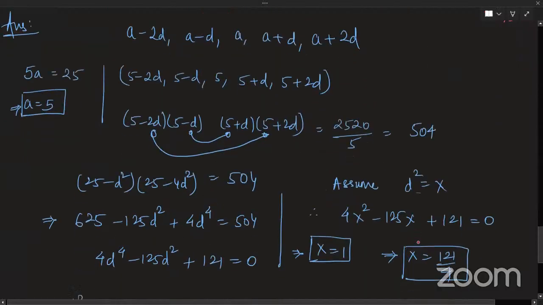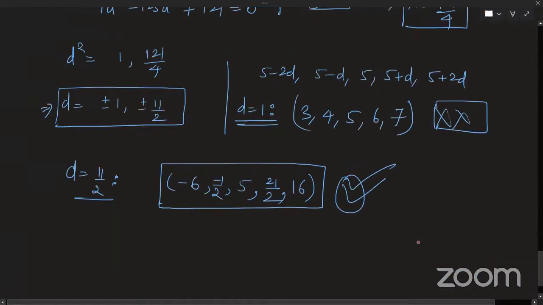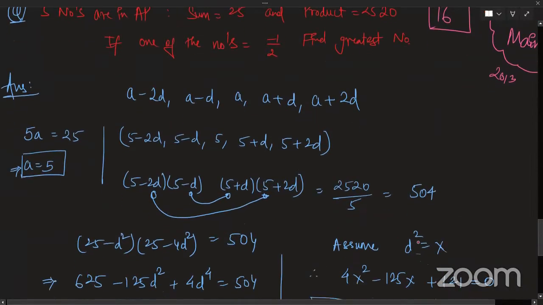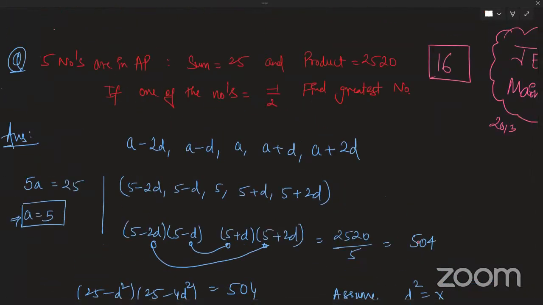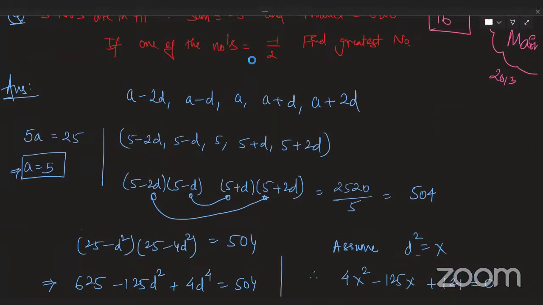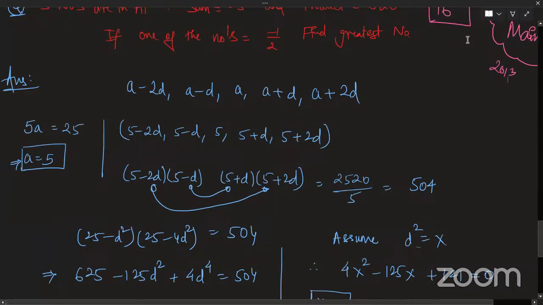So I hope everyone has understood this question, right? See, there were five numbers and I was given the sum. So just using that trick, assume the numbers as a minus 2d, a minus d, a, a plus d, and a plus 2d.